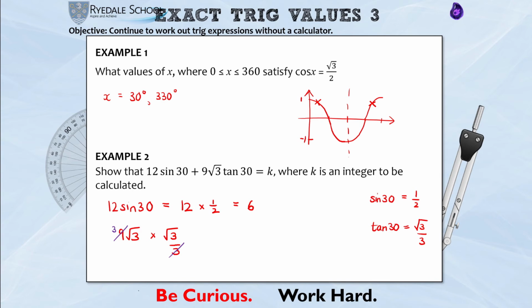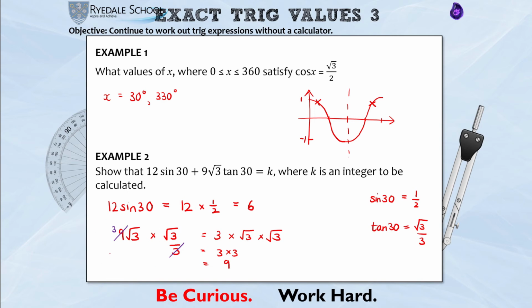That's 9 divided by 3 is 3. So this is equivalent to 3 times root 3 times root 3. Hopefully we can recall from the starter that root 3 times root 3 is just 3. So this is the same as 3 times 3, which is 9.